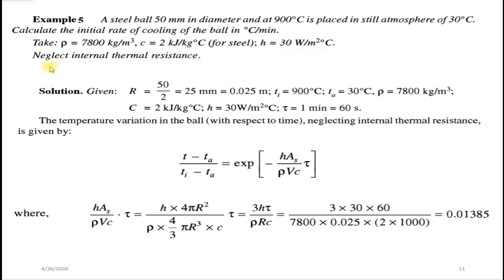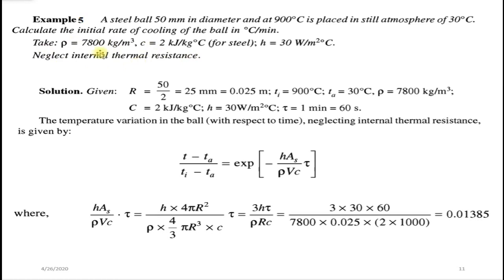Neglect internal thermal resistance. Please observe this sentence. Neglect internal thermal resistance means the Biot number is less than 0.1, so we can use lumped system analysis.